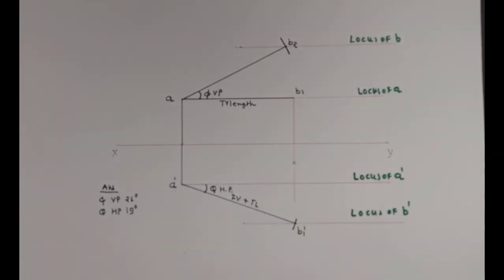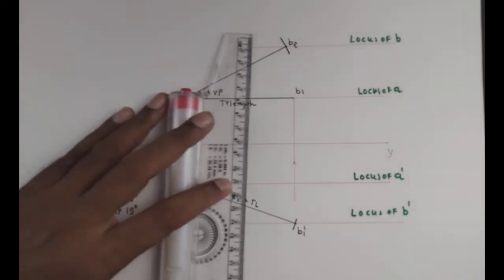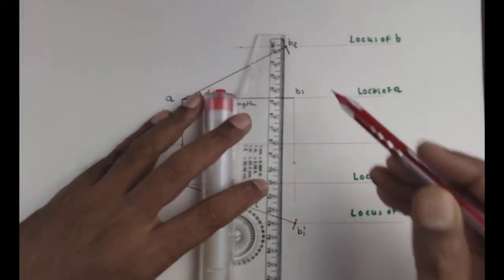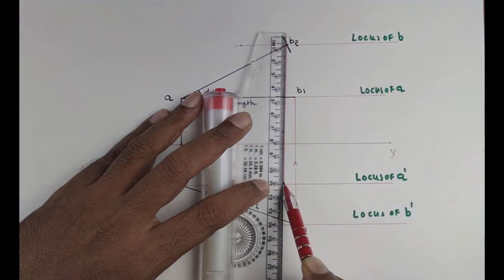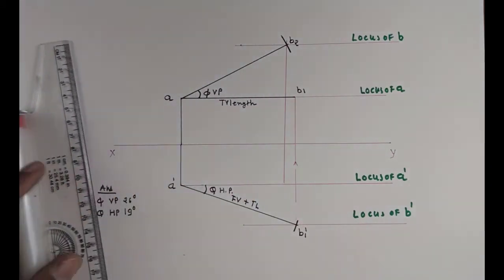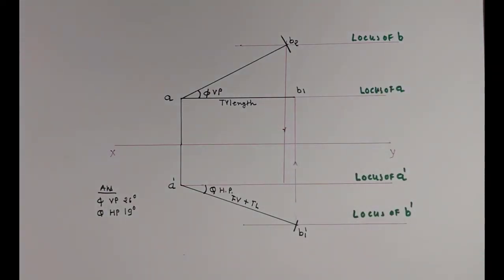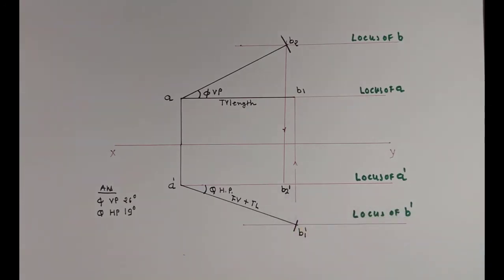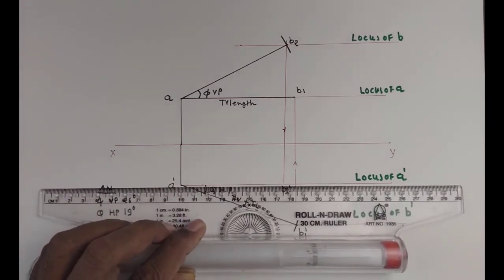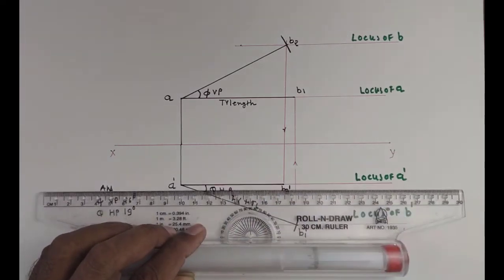Similarly, you can collect the vertical projection from your plan point B2 up to locus of A dash, where you can mark your elevation point B2 dash. Now join your A dash B2 dash. It is called the front view length.